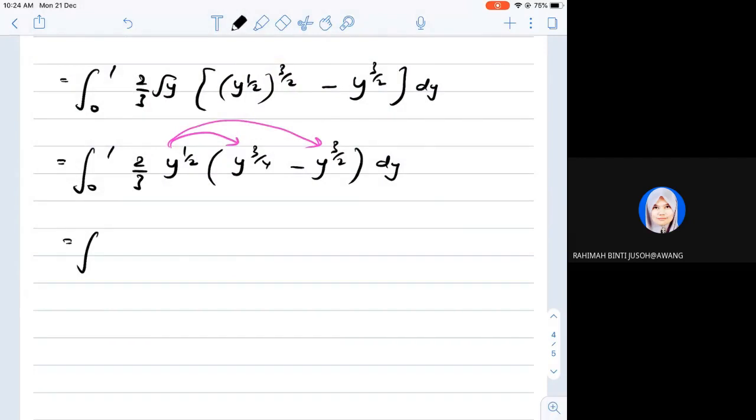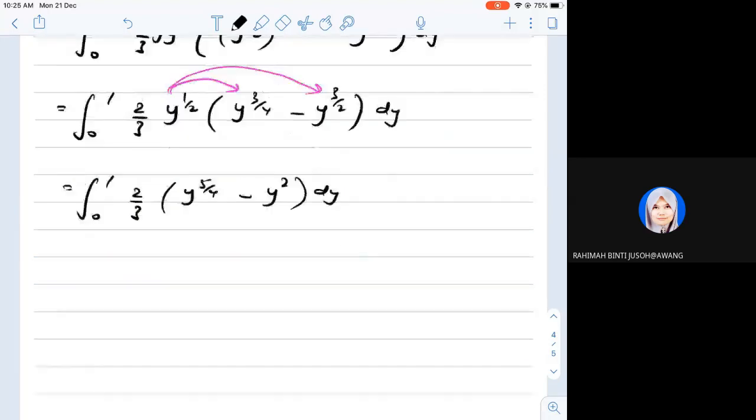So we will get, okay, 1 over 2 should be 5 over 4, isn't it? Y to the power of 5 over 4 minus 1 over 2, so y squared dy. All right. So now we can integrate this.